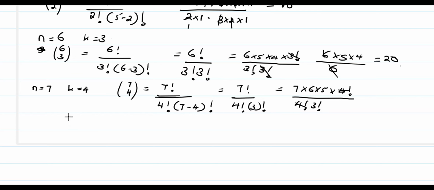So it becomes 7 by 6 by 5 divided by 3 factorial. But 3 factorial is 3 by 2, which is 6, 6 by 1, which is 6. So I put 6 here, cancel this 6 with this 6, and remain with 7 by 5, which is 35. So I can choose 4 fruits from 7 in 35 different ways.